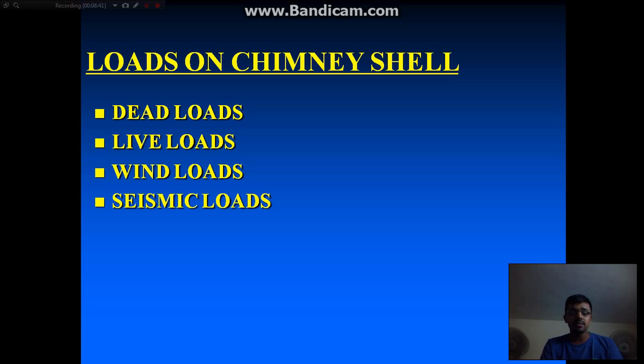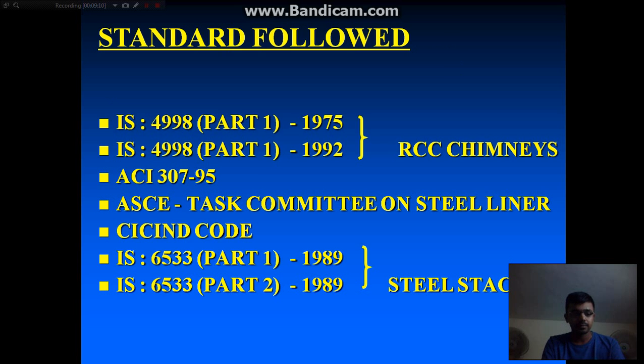As we know, a chimney is one of the tall structures utilized for industrial purposes, so wind loads will be an important parameter to be considered while designing the chimney shell. Wind loads will vary as per the location, as we discussed earlier, and the intensity of the wind pressure will also be a matter of concern while designing the chimney shell. So these are the four loads: dead loads, live loads, wind loads, and seismic loads.